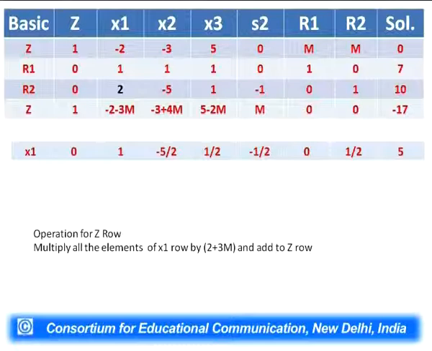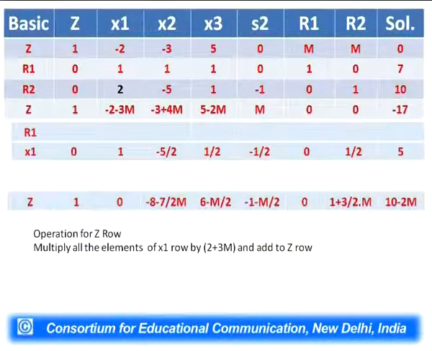Next, we will do the operation as it is written at the bottom, and how the values are obtained, because in the Z row all the values have been entered, and how these are achieved is being demonstrated at the bottom. First, the operation to be carried out is that the X1 row is to be multiplied by 2 plus 3m and added to the Z row.